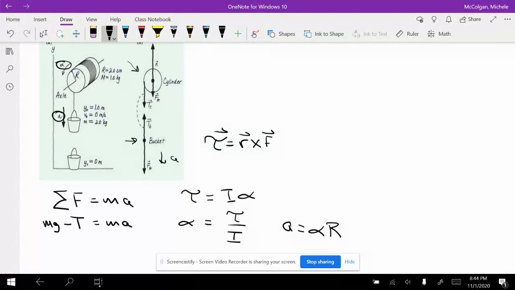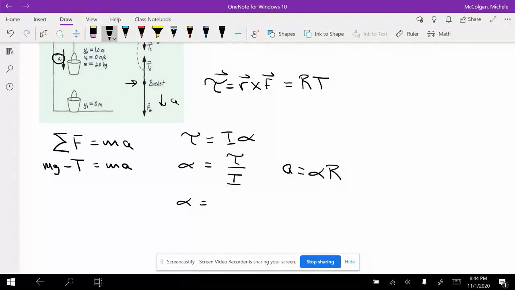My R here is going to be capital R, and the only force acting on my cylinder is the tension. The angle between them: the rope pulls down on this cylinder, and my radius is directly perpendicular to it. So I'm just going to have RT for torque. I'll plug that in down here: alpha is R times T over I.